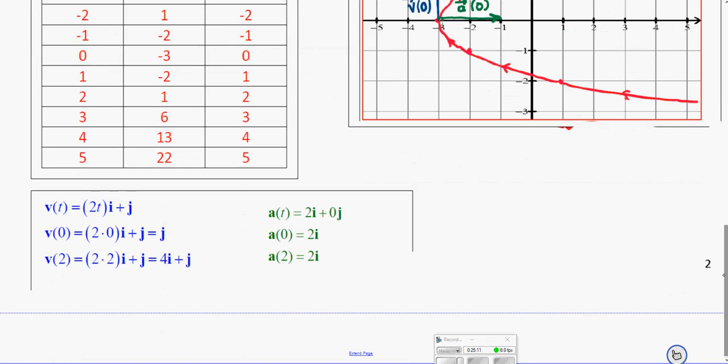So that's how I got my velocity vector. And notice you have to indicate that it's a vector by saying times vector i and times vector j, or put it in component form. So I could have written it this way, indicating that it's a vector function. Its output is a vector, like that.